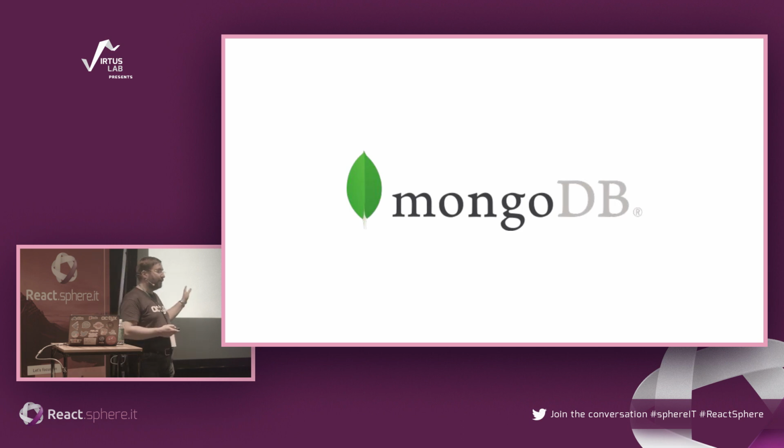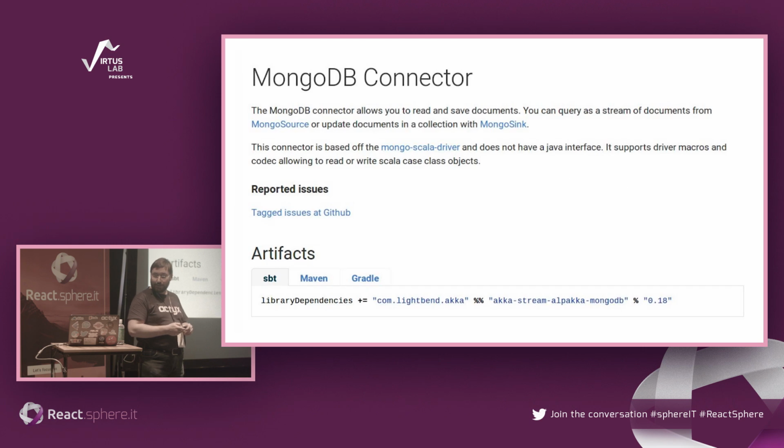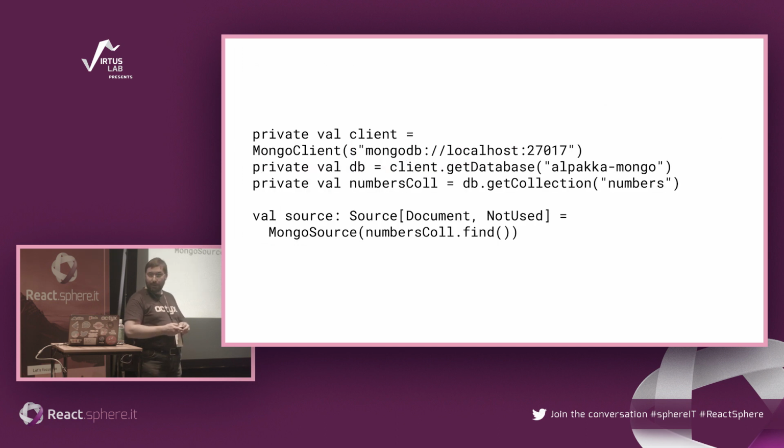That's my favorite. I obviously like MongoDB very much. And actually, the MongoDB connector is based on the Mongo Scala driver, which uses a very nice abstraction, namely an Observable.